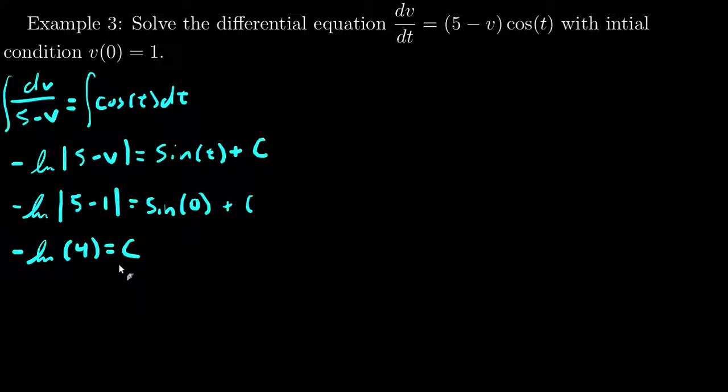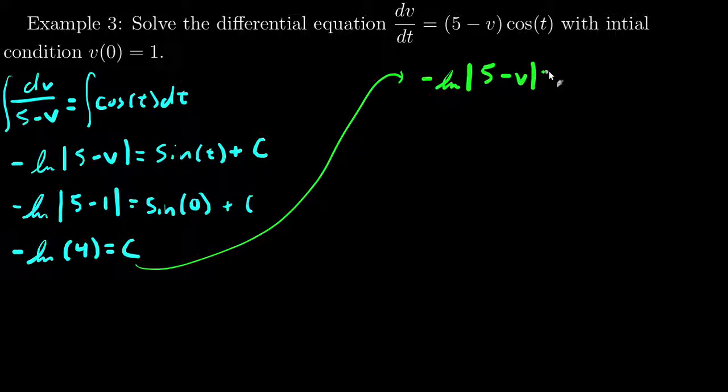Now I plug this back in here. So I have, let me actually bring it up so I've got some more room, the negative natural log of the absolute value of 5 minus v is equal to sine of t minus the natural log of 4.